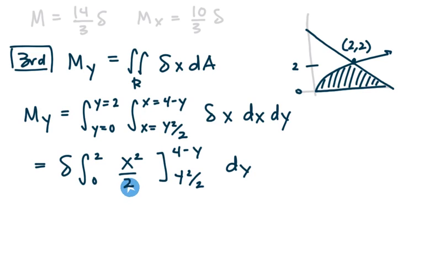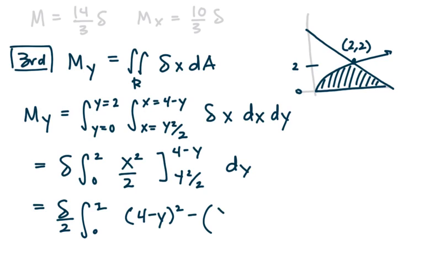So one thing I'll do is I'll pull that 2 out in front. Delta over 2, the integral from 0 to 2. I need to square 4 minus y and subtract from it y squared over 2 squared dy.